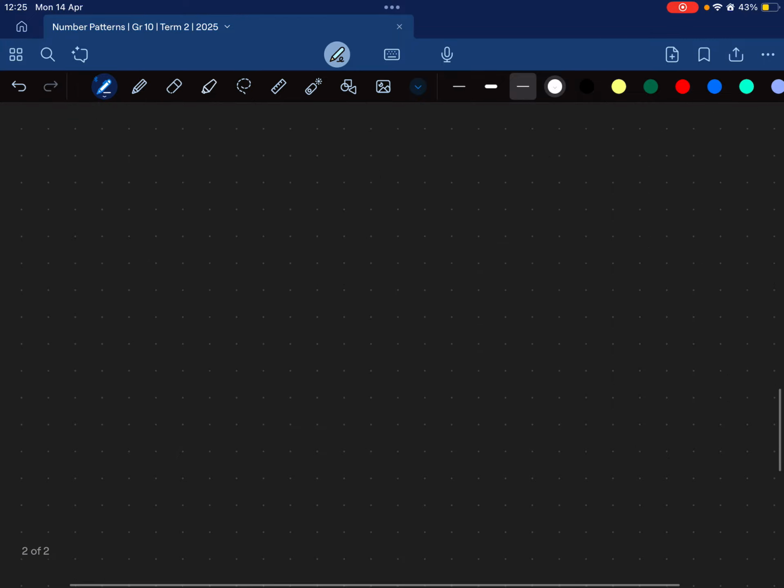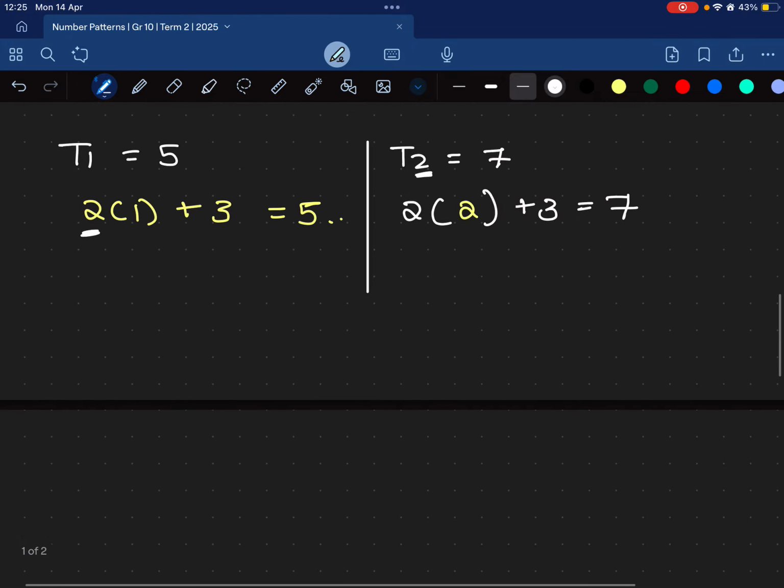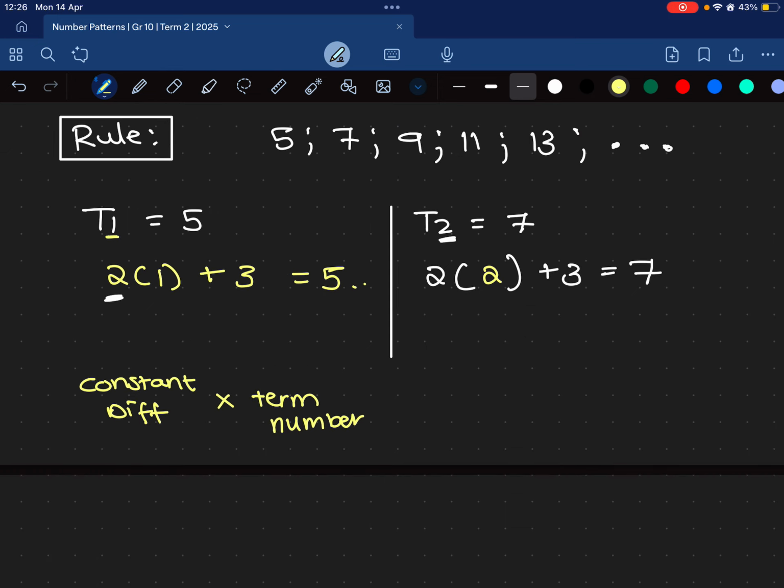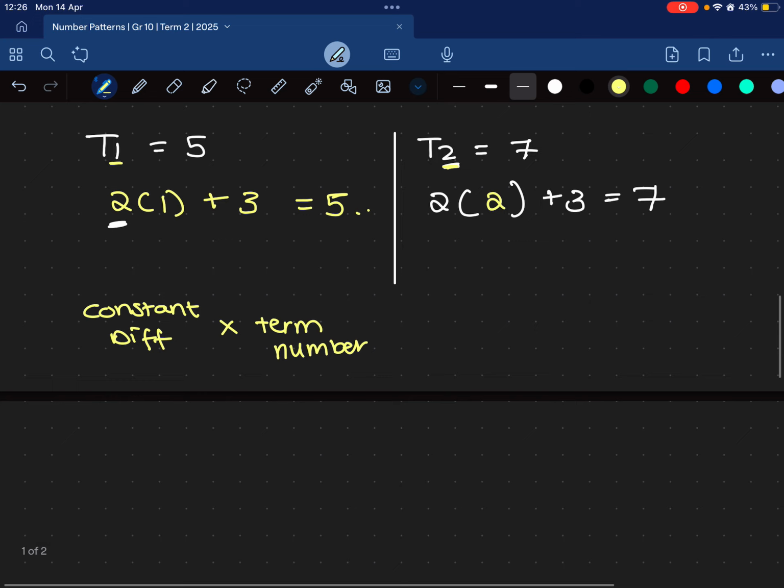So I could almost use this rule and write it in words: if I took the constant difference and multiplied that by the term number, so the term numbers are the little numbers at the bottom, and I plus 3, I would get the value, the actual number.